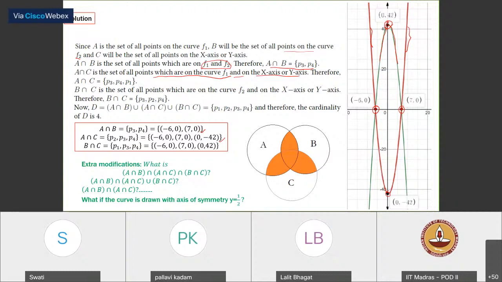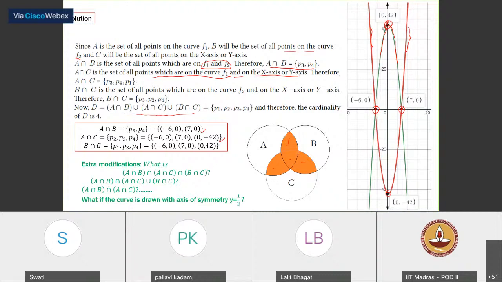We can also draw the Venn diagrams of A, B, and C, and we have to find the union of all this: A union B, A intersection B, union A intersection C, and so on. The colored portions are the intersections and unions of these sets, and that is equal to D. So that is the question.